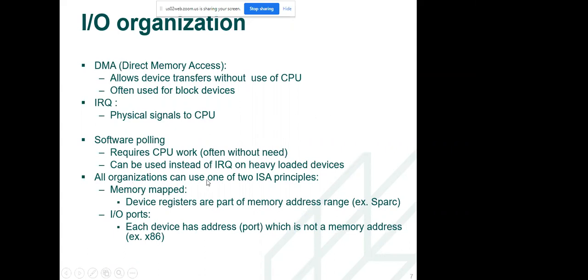All organization can use one of two ISA principles: memory mapped input output, or ports. In memory mapped, device registers are part of the memory address range. In input port, each device has an address which is not a memory address. This is for latest devices, and this is for old devices.